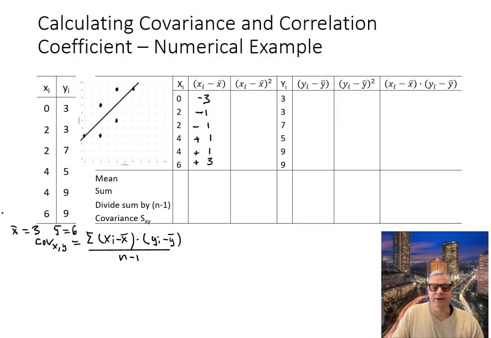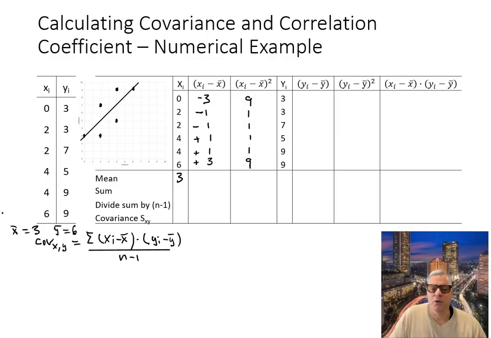And of course the deviations of all the observations from the mean sum to 0. But anyhow, because we calculate the covariance and later the standard deviation, we still have to square them. The negative 3 squared is 9. Negative 1 squared is 1, 1, 1, 1, 9.